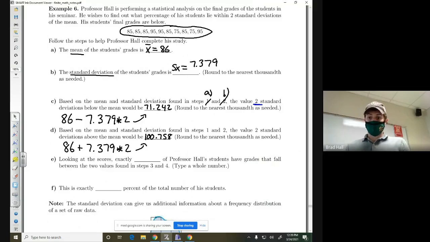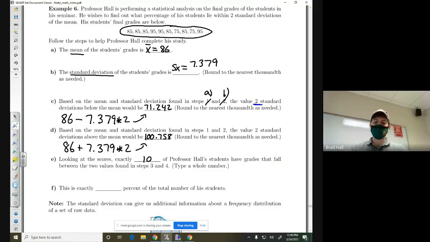All 10. Yeah, all 10. Simple as that. So remember, 71.242 is the lower bound, 100.758 is the upper bound. How many of those values fall within that interval? All of them. The 85s, the 95s, the 75s, those are all within that interval. So that's exactly 10.